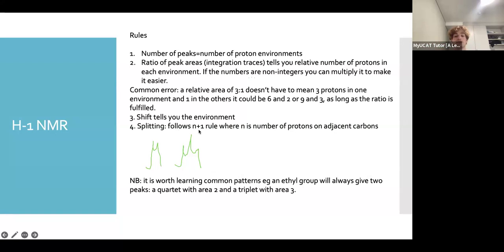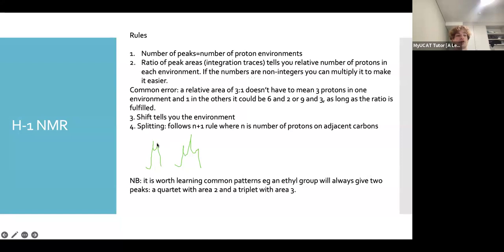According to the n+1 rule, n would be two here, so that means you have two protons on adjacent carbons. Does that make sense? If you have a triplet peak, then according to the n+1 rule, n is equivalent to 2. And what does n represent? It represents the number of protons on adjacent carbons. So if you see a triplet peak, it means you have two protons on your adjacent carbon.